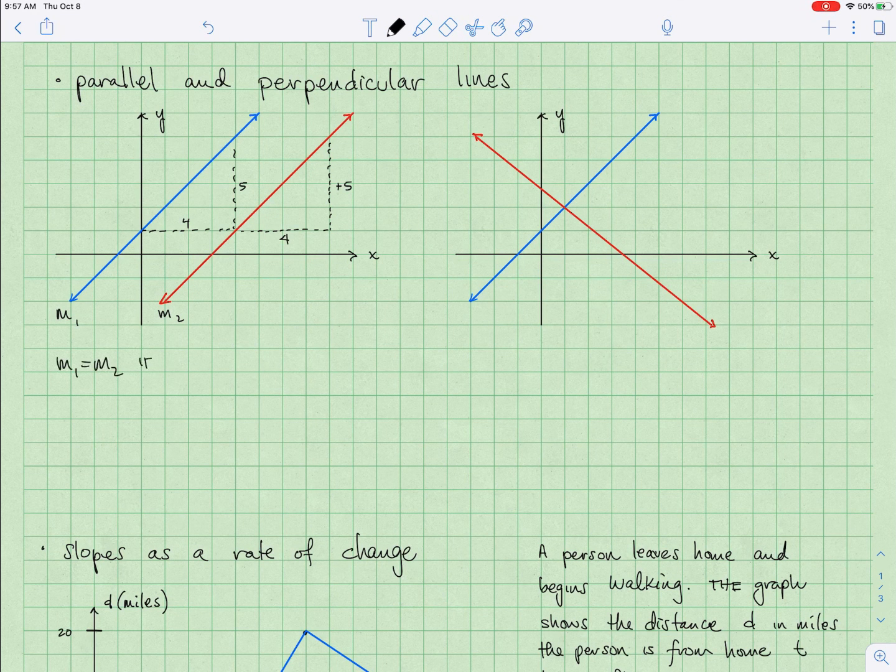M1 equals M2 if and only if the lines are parallel. So that's the key feature of parallel lines. That is to say, same slope.